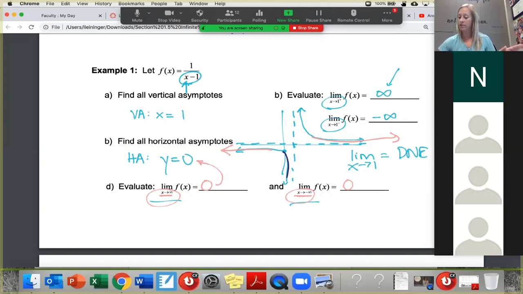This part of the graph is getting closer and closer to x equals 1. It's not going out to negative infinity. This part of the graph is what's headed out toward negative infinity as x keeps decreasing, and it's getting closer and closer to the horizontal asymptote. You could have a graph that does something like that, and then it would be going towards negative infinity. So that is possible, but not in this particular one.